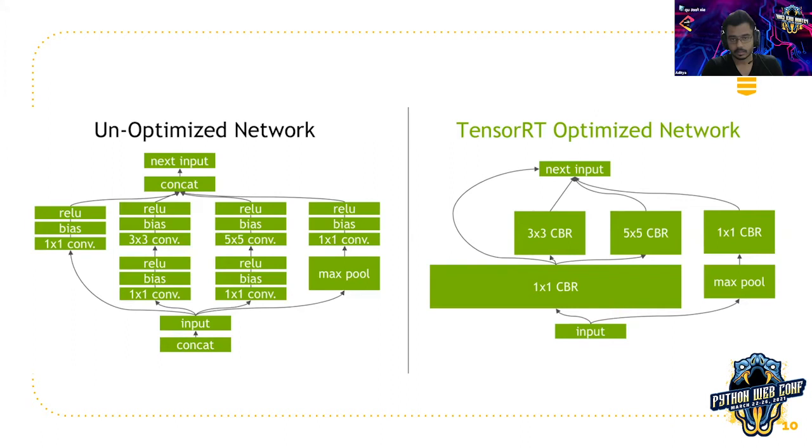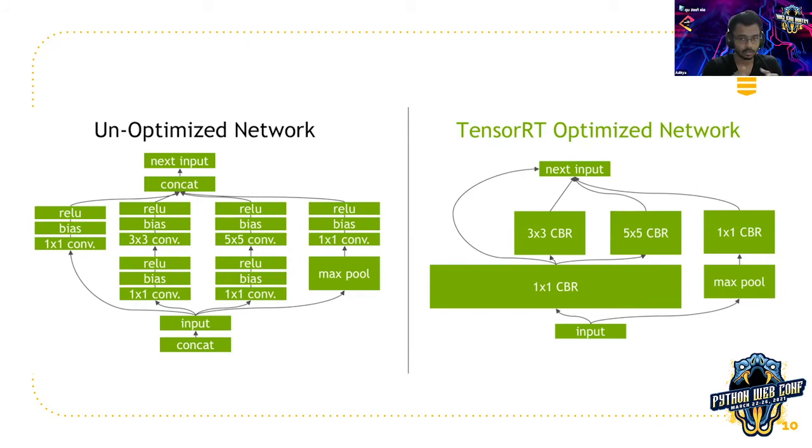And TensorRT addresses this by vertically fusing kernels to perform the sequential operations together. So if you look at the video, it has fused the convolution layer, the bias layer, and the ReLU layer into one single layer. So when you pass the image to that layer, you do not have to call functions for three layers separately.